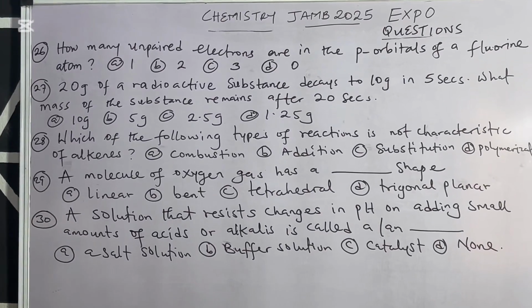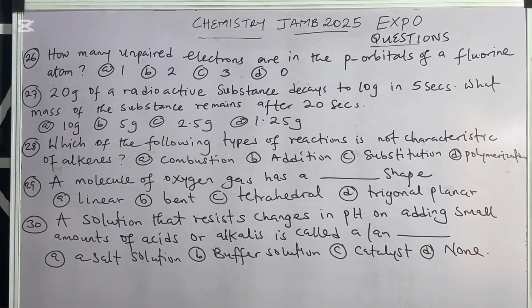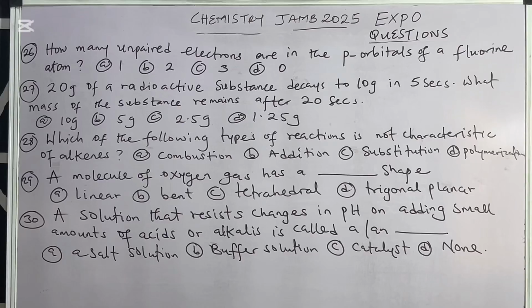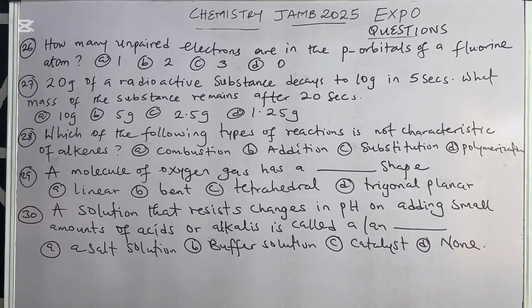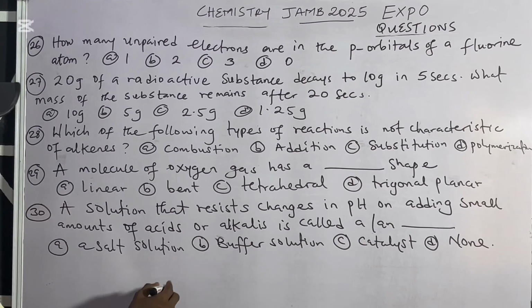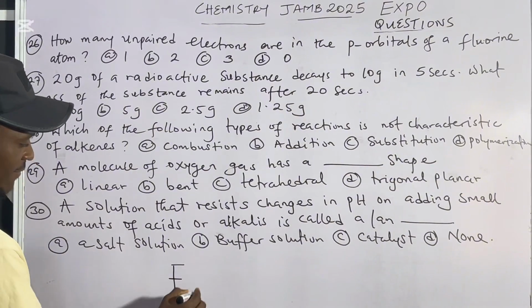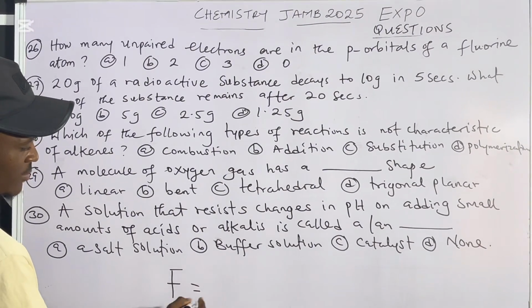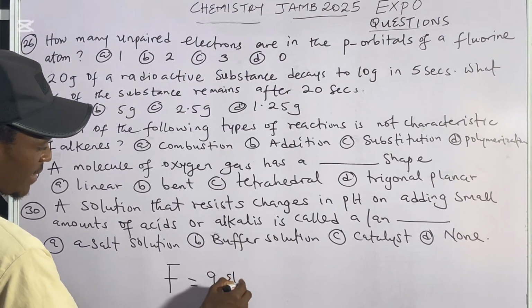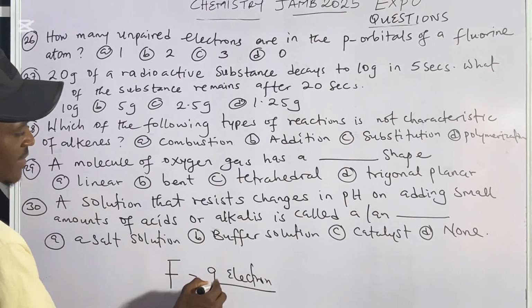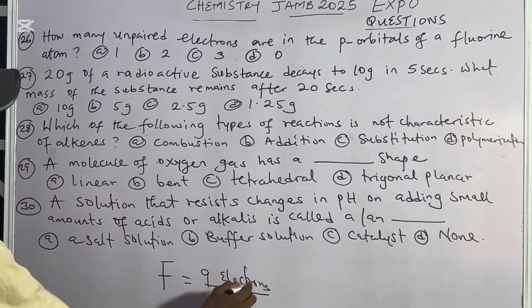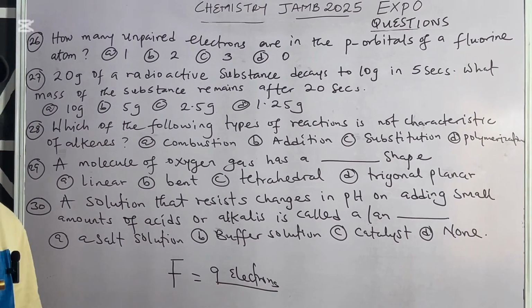Question 26. How many unpaired electrons are there in the p orbitals of a fluorine atom? Now, fluorine is F. It has how many electrons? 9 electrons. Why? Because when you are reciting your first 20 elements, fluorine is found in position 9.